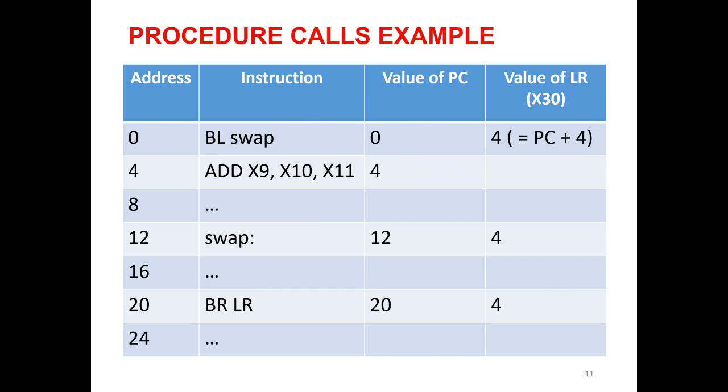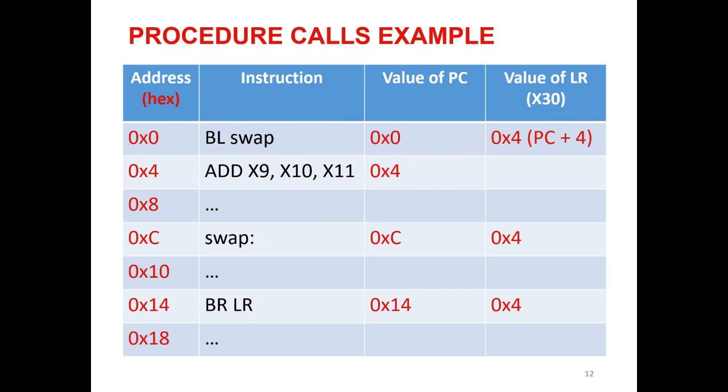Remember that what we have here is just for making it simple. What happens in reality is that to be precise, we need to use hexadecimal values in order to actually represent the actual address of each instruction.